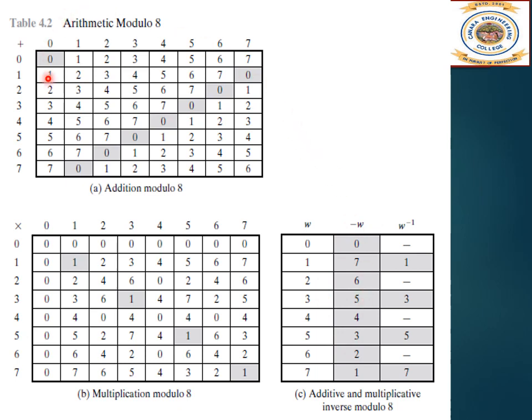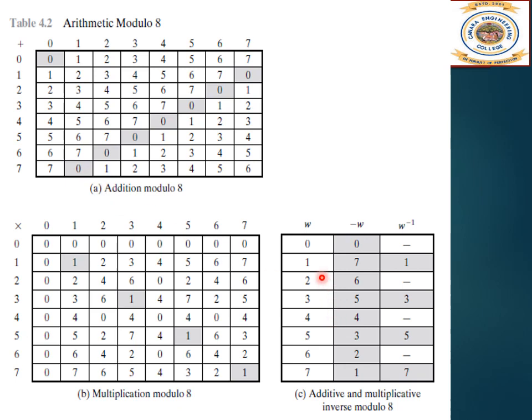We will check in this table. When I add 0 and 0 I get 0, so the additive inverse of 0 is 0. Now let us check for 1. If I check column-wise for 1, when I add 1 with 7, I get 0.